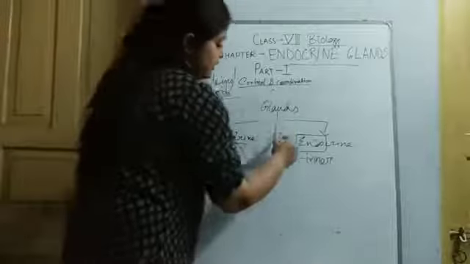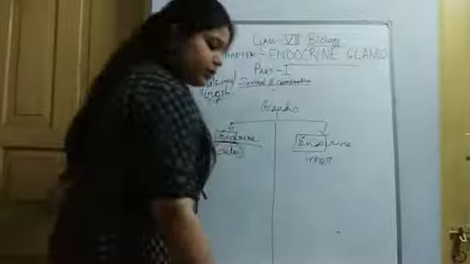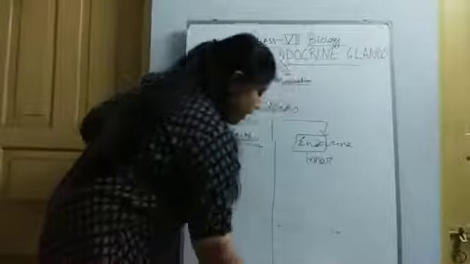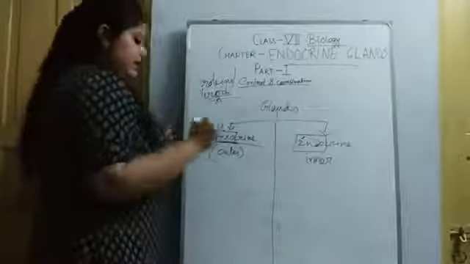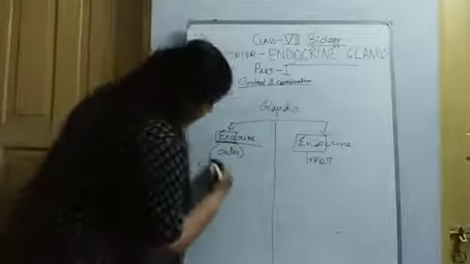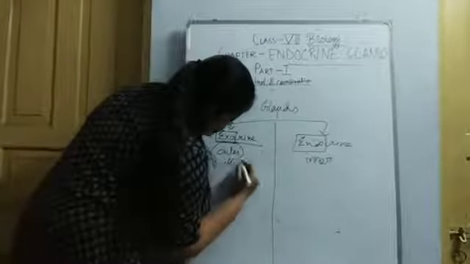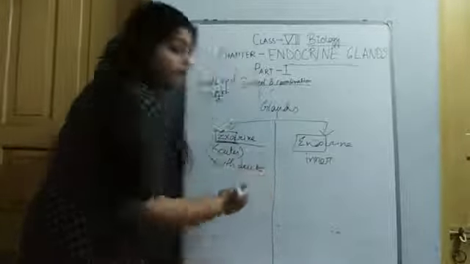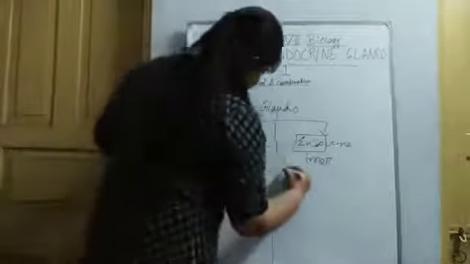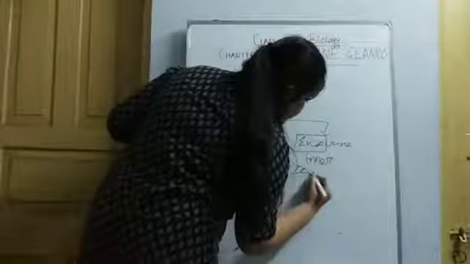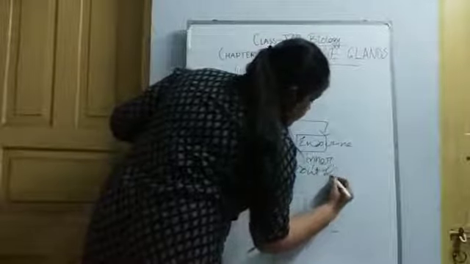So what are the differences between these exocrine and endocrine glands? Mainly the exocrine glands are with ducts. They have ducts, and endocrine glands don't have ducts.